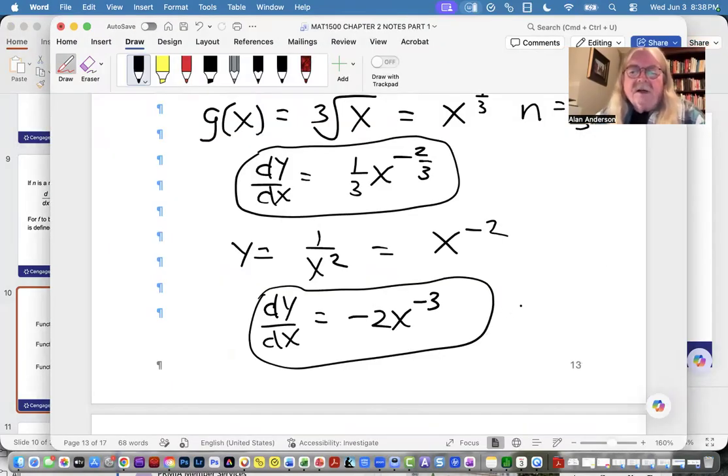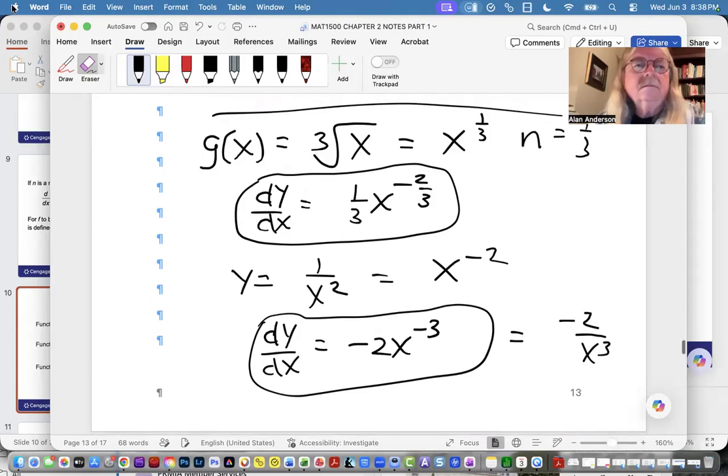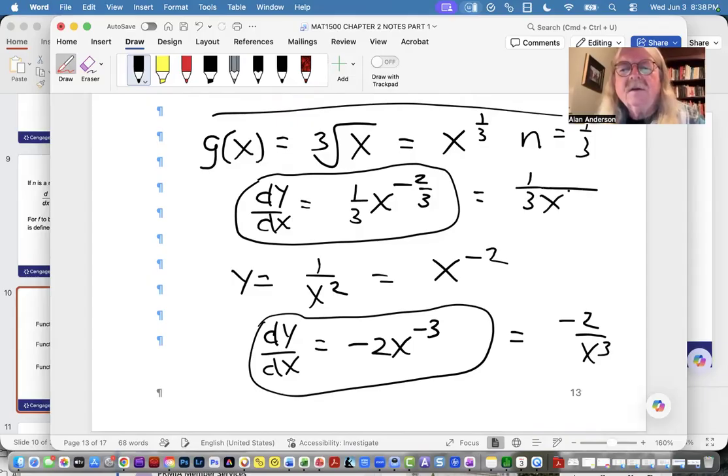Or if you prefer, you can write it like this. Same thing up here. This one up here could be rewritten as, well, this would be kind of awkward, but this would also be correct. Okay. All right.